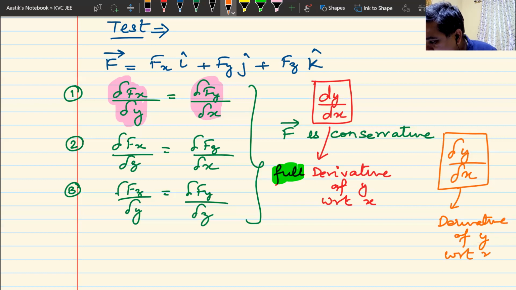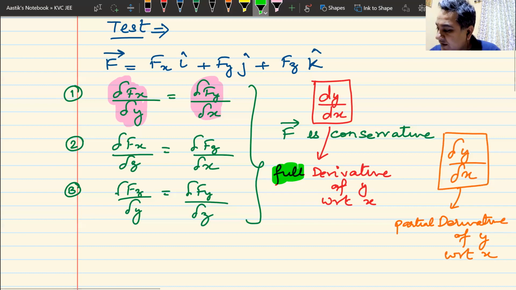Nothing changes there. But again, I have to put that prefix, and the prefix has changed. It is now known as the partial derivative.